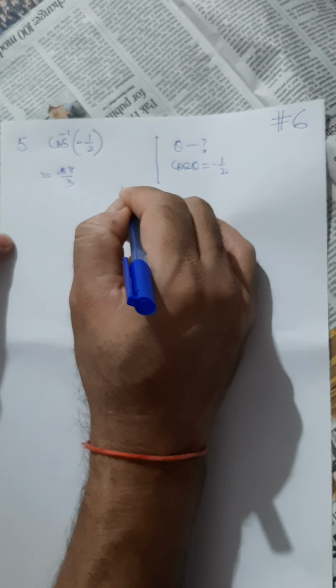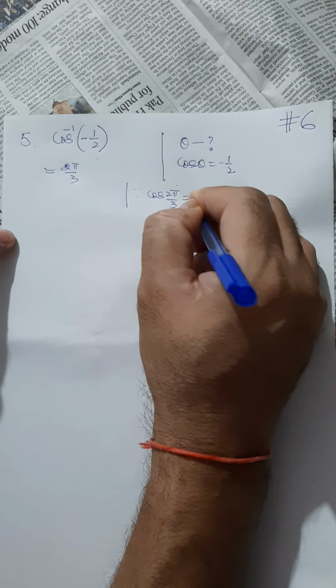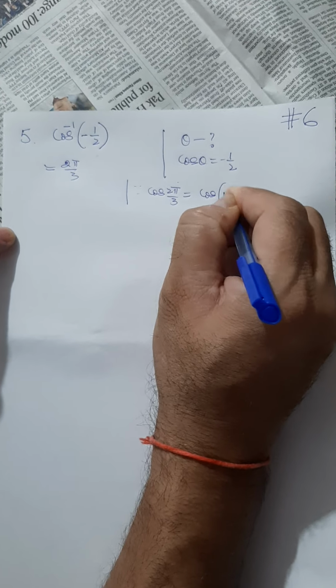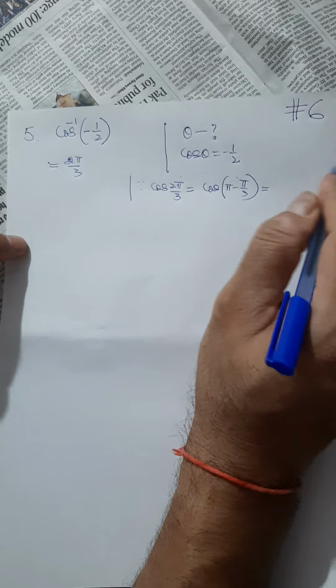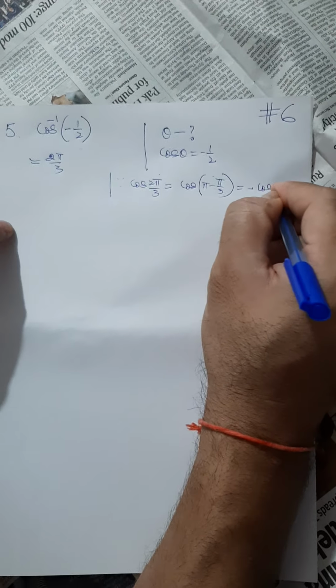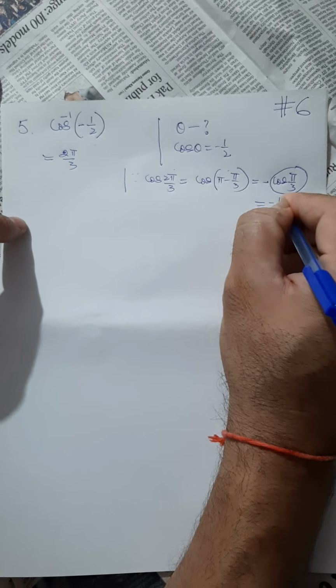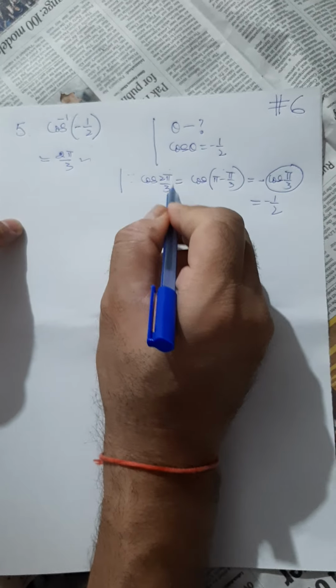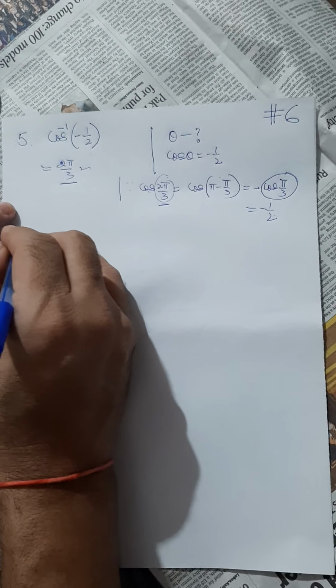Because if you recall, what is cos 2 pi by 3? That is cos of pi minus pi by 3. Which quadrant? Second quadrant, so cos is negative. So minus cos pi by 3. What is cos pi by 3? 1 by 2. So we'll get minus 1 by 2. That's why cos inverse of minus 1 by 2 equals 2 pi by 3.